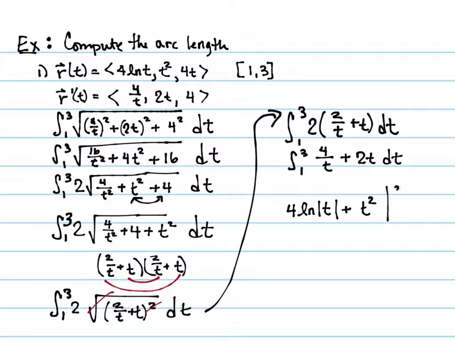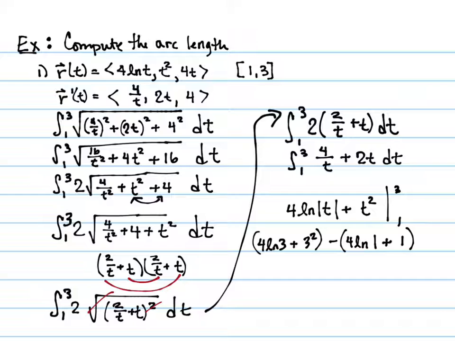We're evaluating this from 1 to 3. So I have 4 natural log of 3, and then plus, oh, did I miss something? 1 to 3, thank you. Okay. 4 natural log of 3, and then I have 3 squared, and then minus 4 natural log of 1 plus the value of 1 squared, or 1.